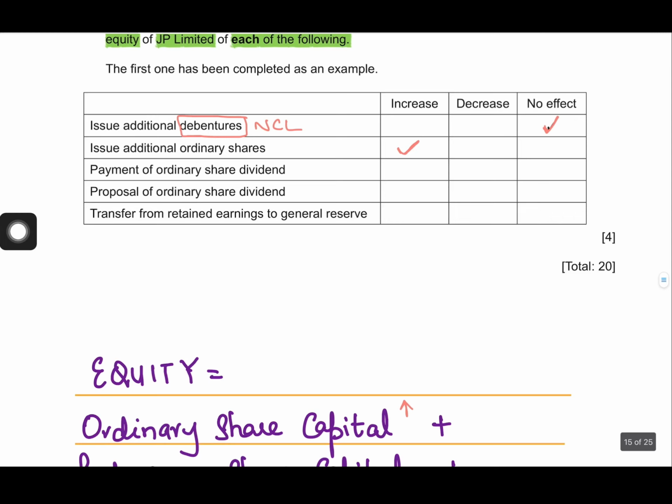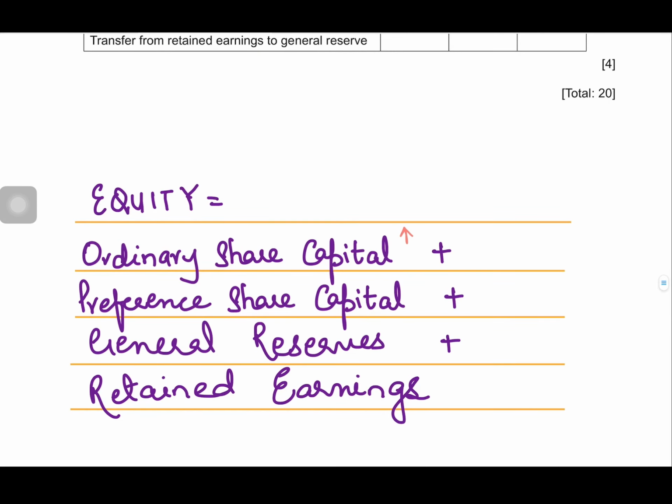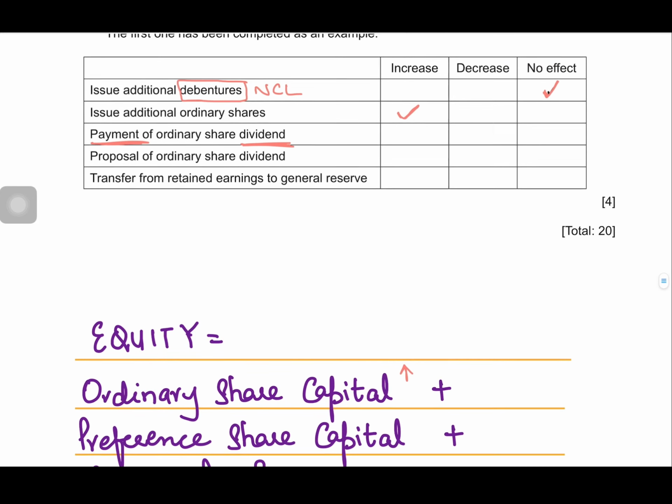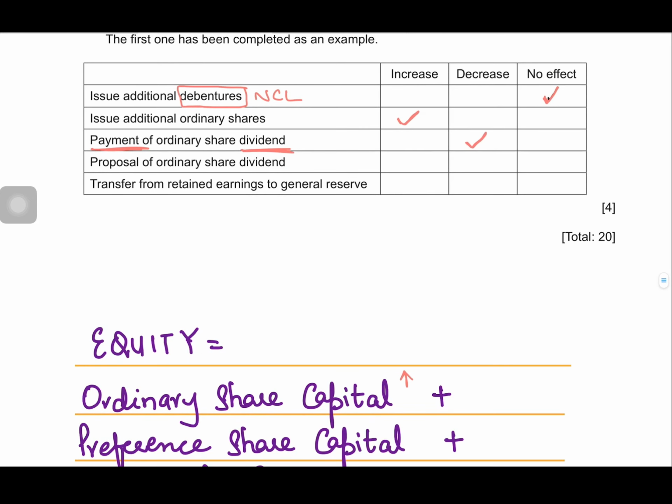Then third one says payment of ordinary share dividend. You are paying dividends, so dividends are being paid from your retained earnings, so therefore they will decrease your retained earnings. So that's why the effect on equity will be a decrease in retained earnings if dividends are paid. Then proposal of ordinary share dividends.